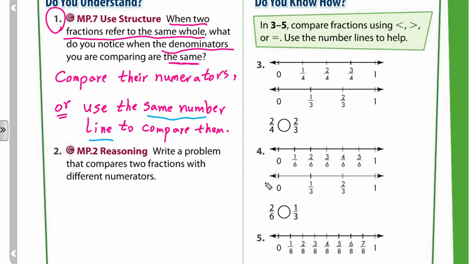Why the same? They have the same denominator, so they refer to the same unit fraction. We are using the same unit fractions, so we can use the same number line.